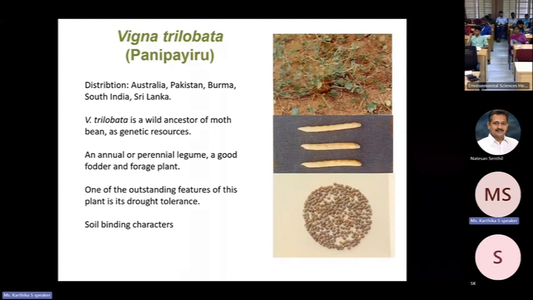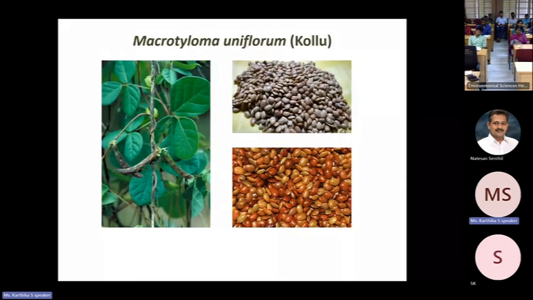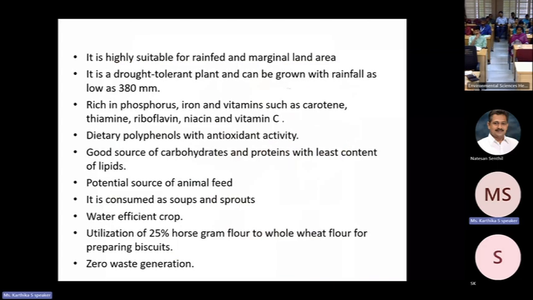Another thing is Macrotyloma uniflorum. Two varieties: one is black, and the other is partially or less red. It's a wonderful crop. It also has potential as animal feed, and we can consume it as soup and sprouts. It's good as a low-digestible carbohydrate, good for diabetics, because the starch is not easily digestible.